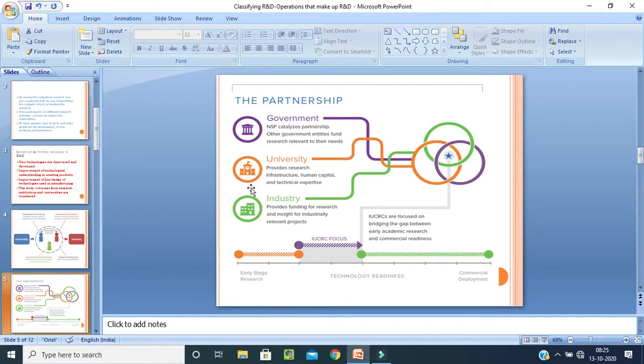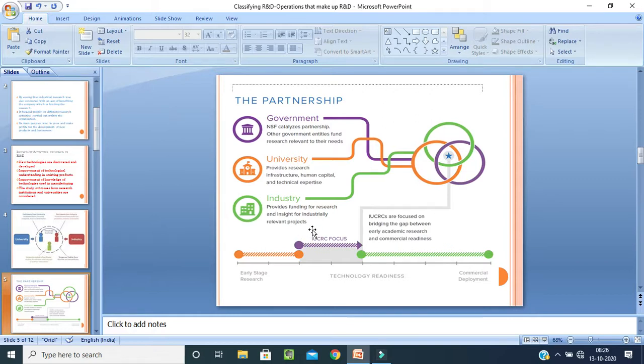And the university, what will it do? It will provide research infrastructure, human capital, and technical expertise. So all these things are taking place in these. So as a result, what is coming to the research provides funding. They will fund the universities or the government for doing the research, and insight for industrially relevant projects.